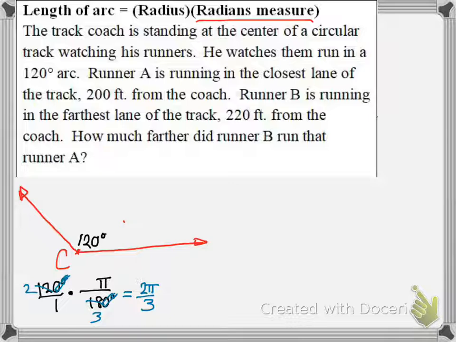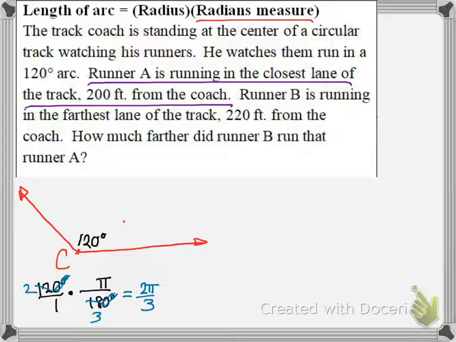I needed that for later, just because I know what the formula is. Let me draw the rest of my picture. I'm dealing with 2 runners. Runner A is in the closest lane of the track, 200 feet away from the coach.